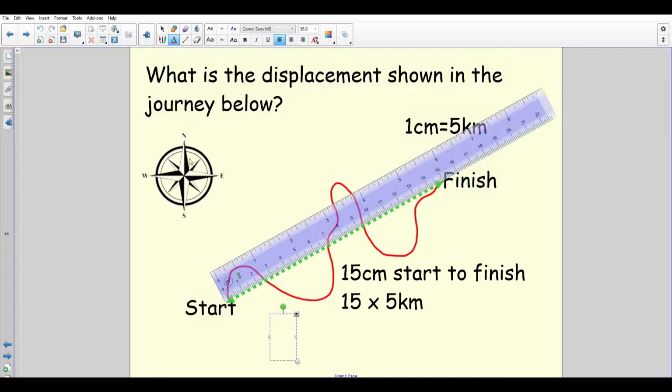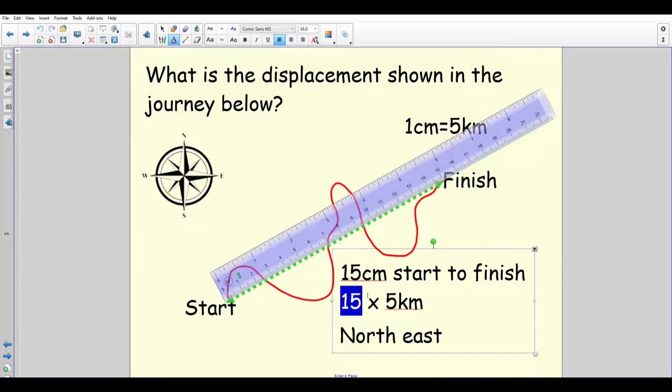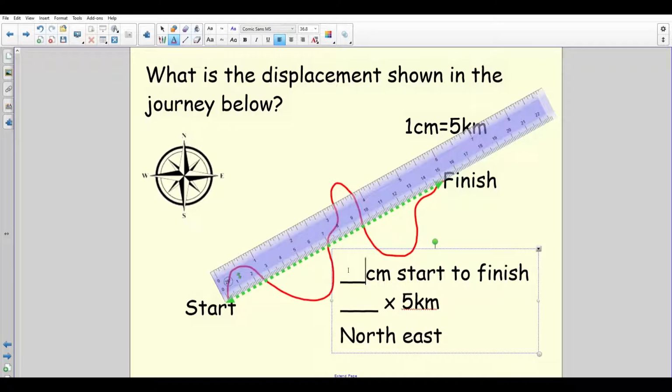So if I look at where it's going, somewhere in between north and east, so I'm going to put, it's going to go northeast. So whatever you get for yours, you're going to get a different number here, because you're going to measure something different, and then you're going to get a number in kilometers.